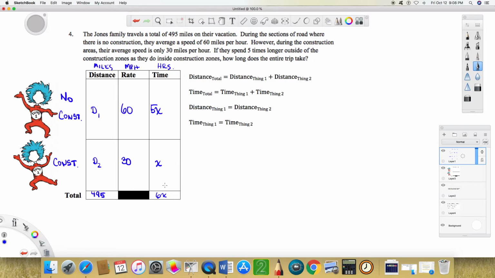Well, we were just arguing that the distances are clearly not the same. The distance that you traveled within the no construction, the regular part of the road, versus the construction area, is not the same. And clearly, you spent longer in the no construction zone, so we're not going to say that the times are equal to each other.